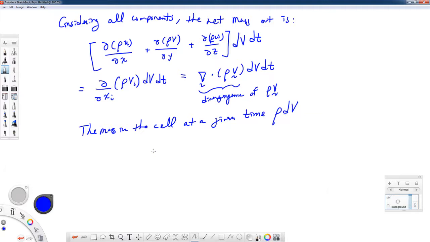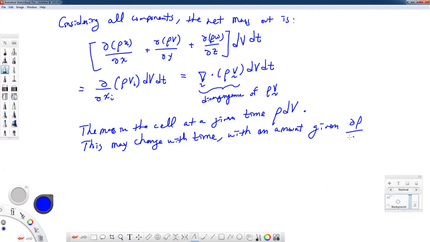And this itself may change with time, with an amount given by the partial of rho with respect to time, dV dt. So this is the rate of change times time. That gives me the amount of change in that volume.